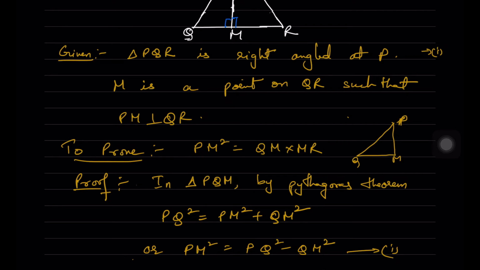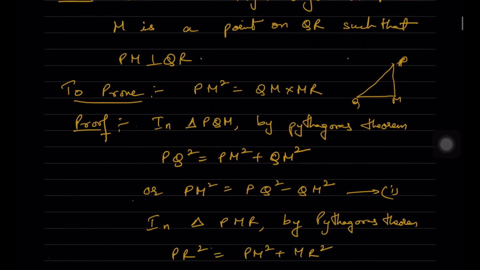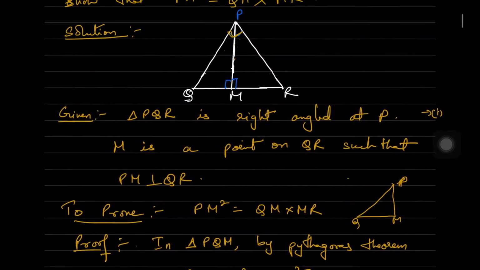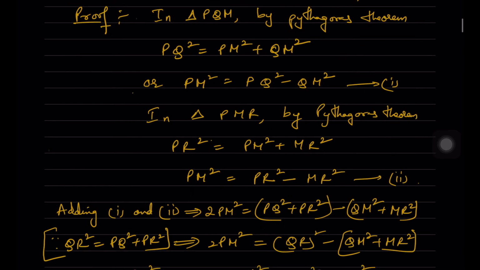Therefore, writing it in terms of PM, PM square is equal to PQ square minus QM square, subtracting QM square on both sides. Now in triangle PMR, the next triangle we take, that is this triangle PMR.